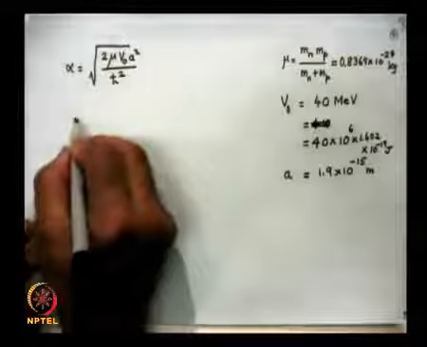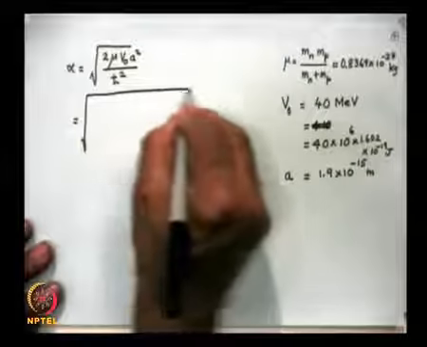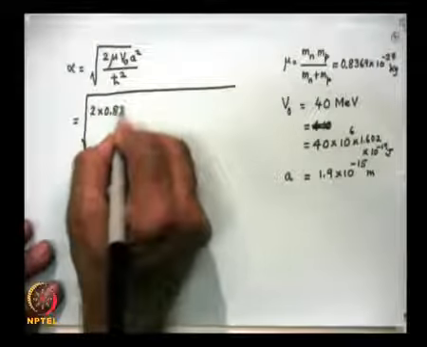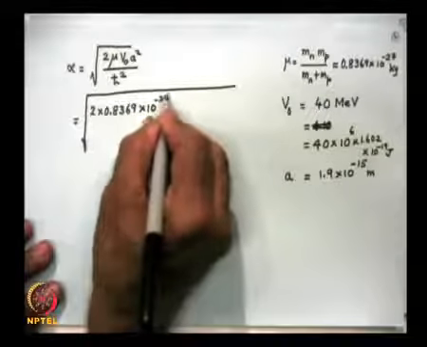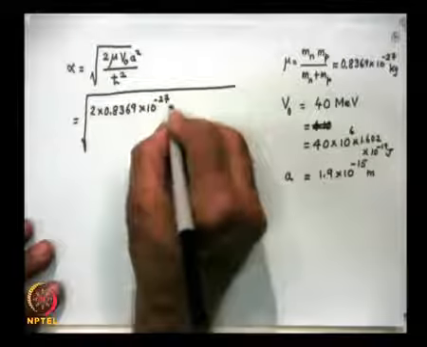So, you will get alpha is equal to 2 into 0.8369 into 10 to the power of minus 27. This is the reduced mass of the neutron and the proton.